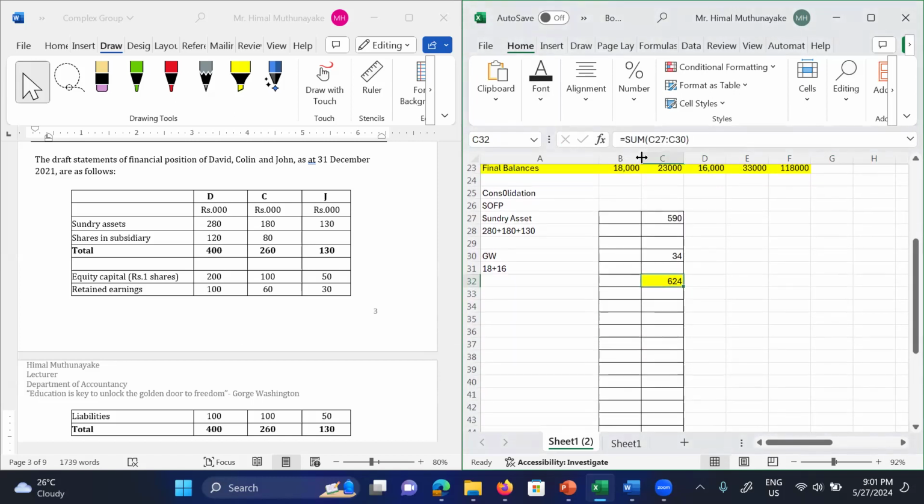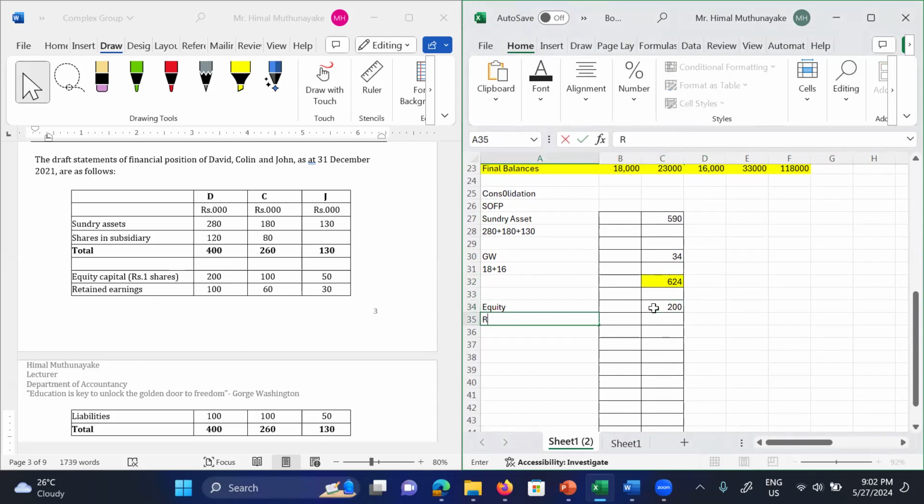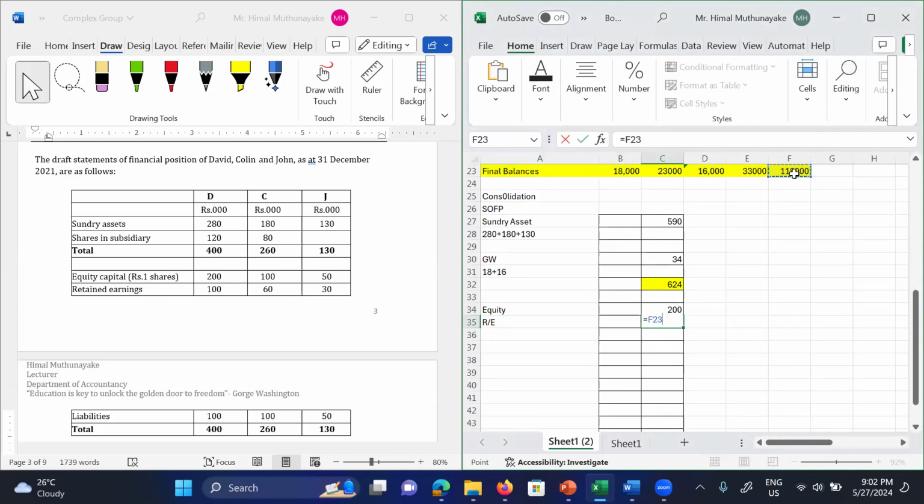Then we need to go with the equity and liability side. Directly we can get the equity, 200 here. Then the consolidated retained earnings; we can get the consolidated retained earnings from this point. We have to divide it by 1,000 because we are working with thousands. Then the NCI is 23 plus 33, it should be 56.